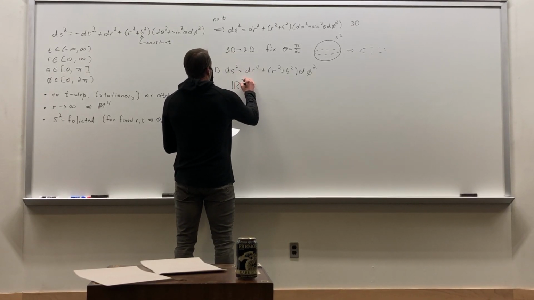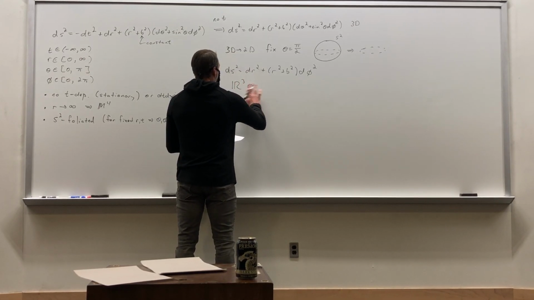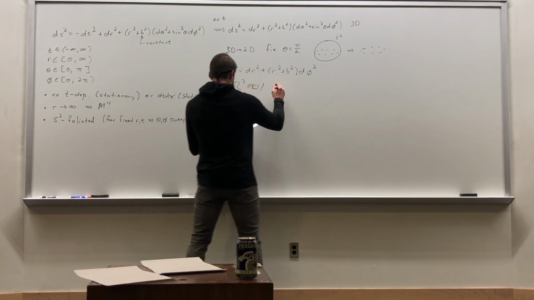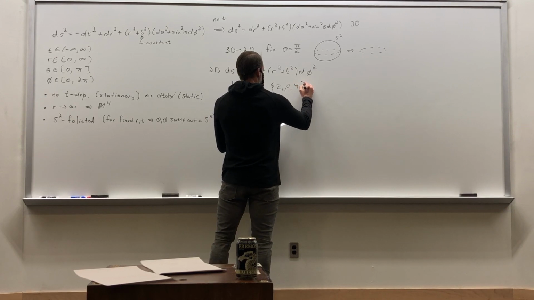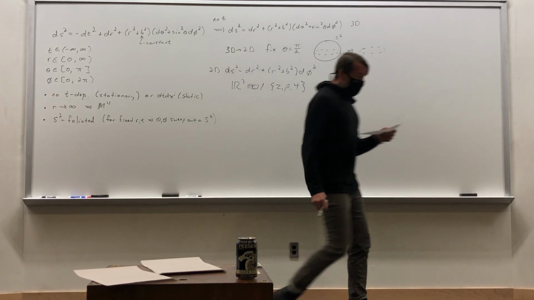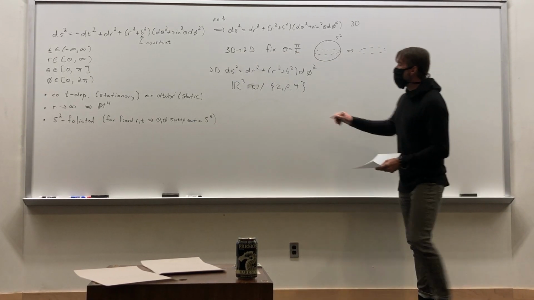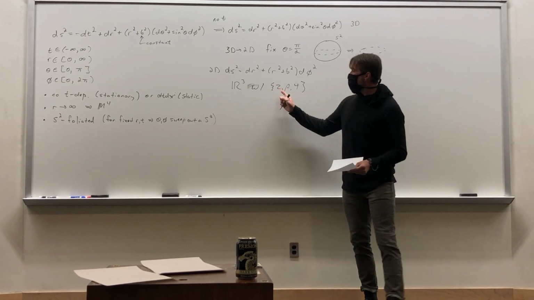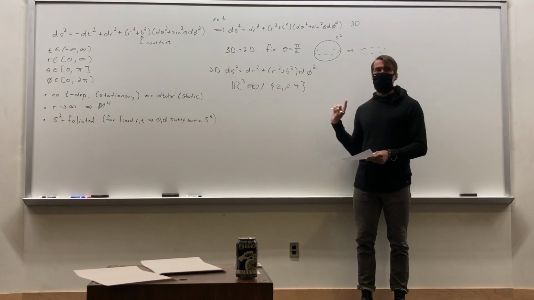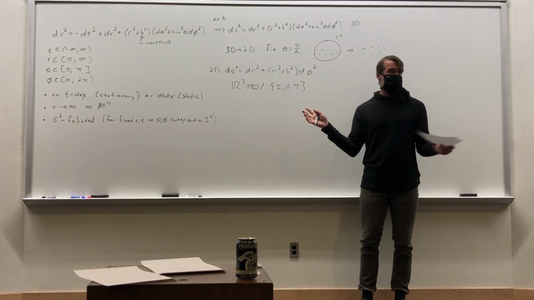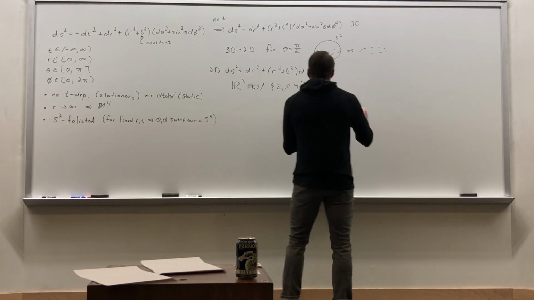So let's go to R3 with coordinates z, rho, and psi. And these are just going to be cylindrical coordinates. So you realize the cylindrical coordinates, this is the axial coordinate, this is the radial coordinate, and this is the angular coordinate. Okay, this is typical cylindrical coordinates.